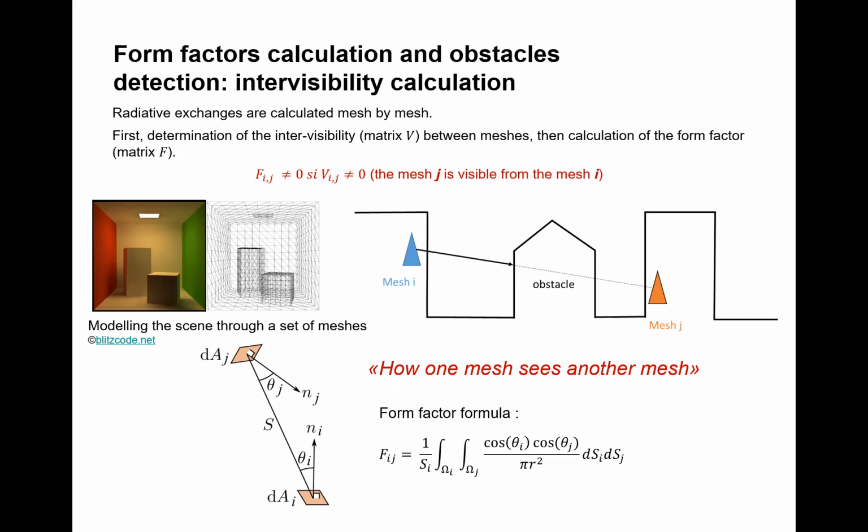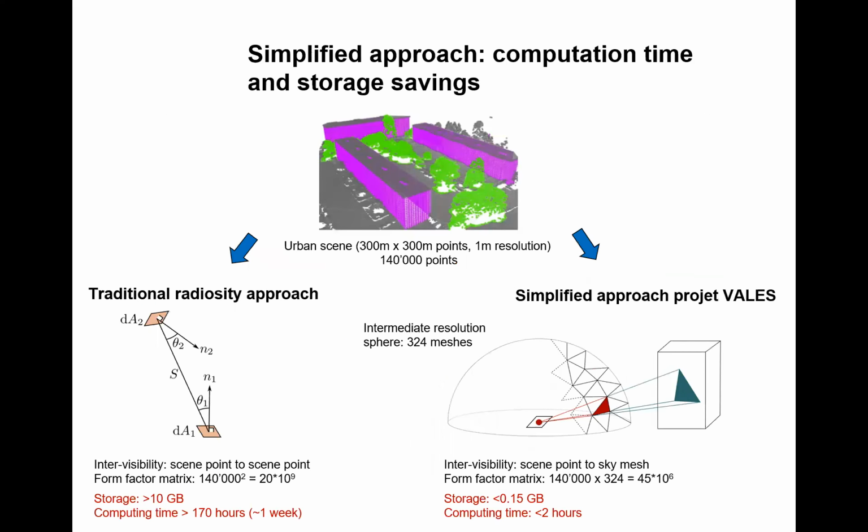This is the formula of reciprocity between the two meshes. But you can imagine that processing intervisibility for each pair of meshes is very demanding in terms of storage and computation time.